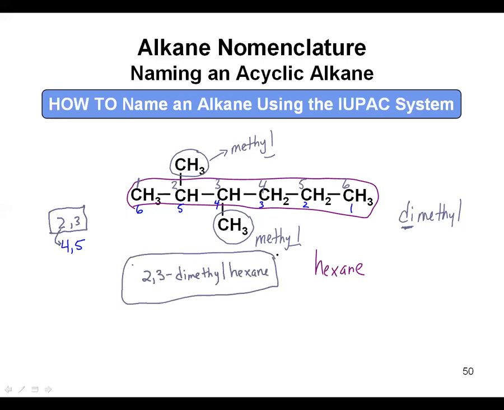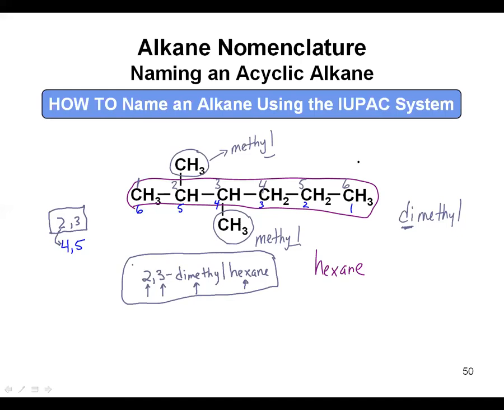So 2,3-dimethyl hexane would be the name. And again, basically means that if you go to carbon number 2 and you go to carbon number 3, you will find a methyl group at each of them off of a 6 carbon in a row chain is basically what that name means. Question on how to name that.